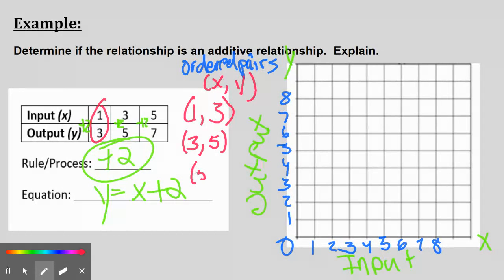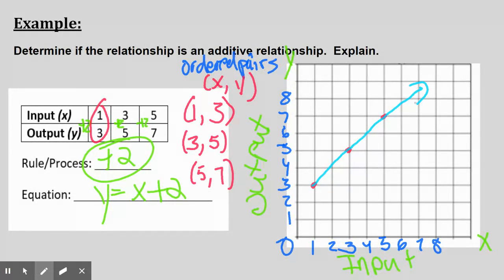Then 5, 7. Now I can plot these on my graph. So 1, 3, 3, 5, and 5, 7. And I'm going to connect my dots to make my graph and have it continue.